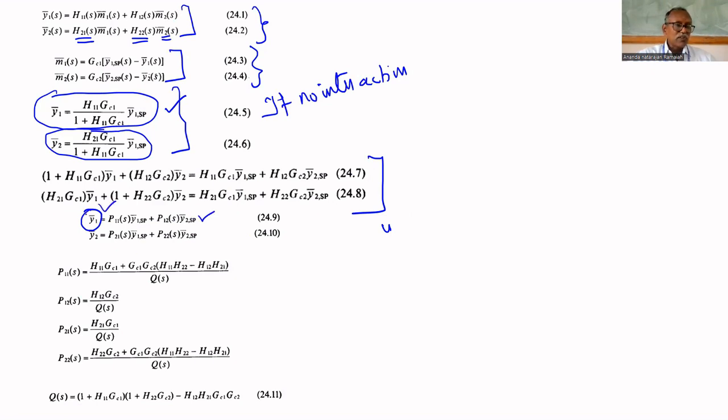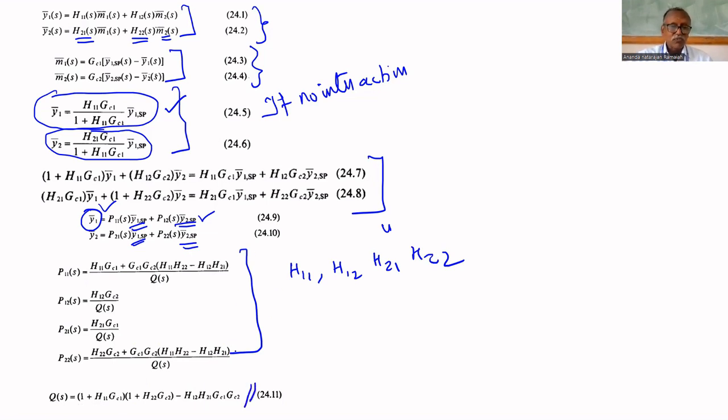Any change in y2 also will affect y1. That's why it is a function of both set points, where p11, p12, p21, p22 are the function of h11, h12, h21 and h22. These are all mentioned here. Where q of s is also a function of h11, h21, h12, h22. So that is written here.